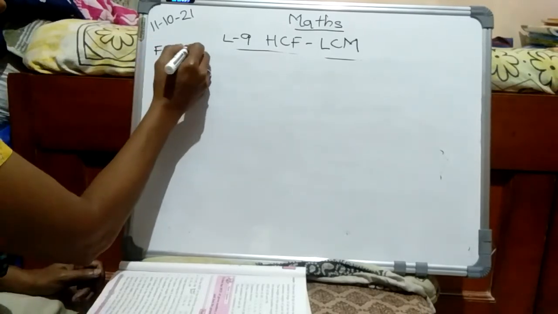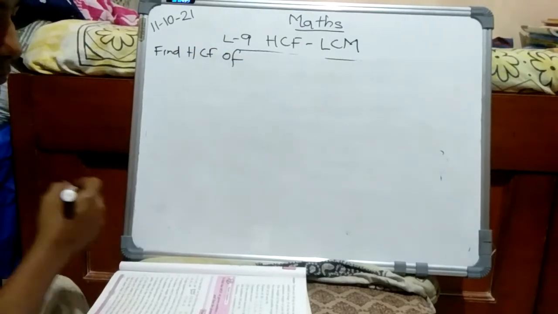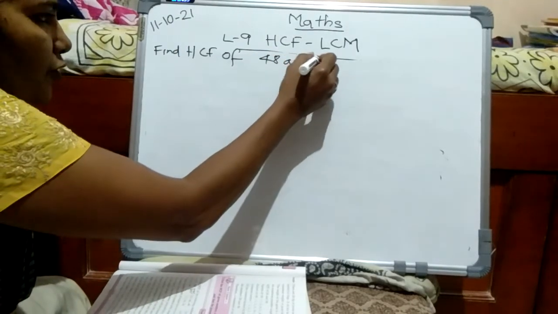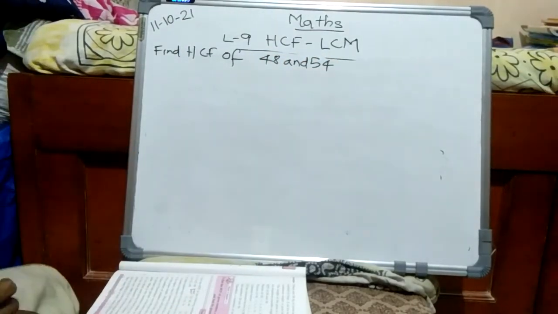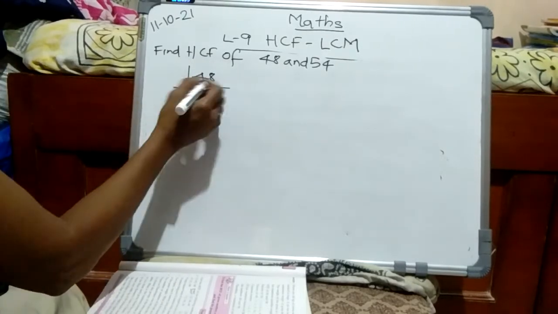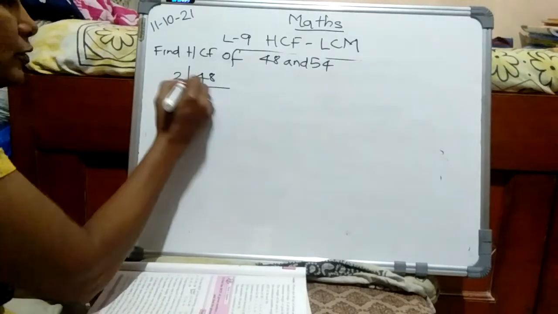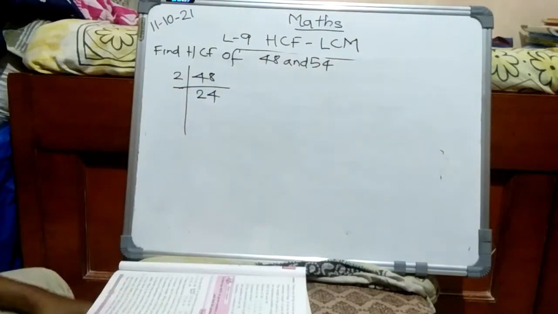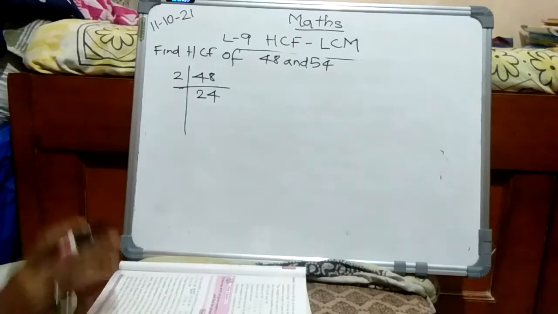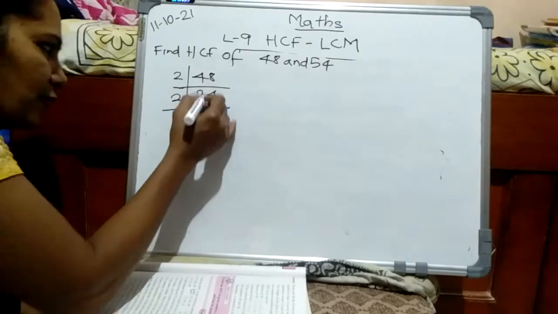Find HCF of 48 and 54. Okay, we'll take first number 48. Now 8 is there, we know that it is divisible by 2. 2 2s are 4, 2 4s are 8. Again you will see the numbers we are using for finding the factors are all prime. That is why it is known as prime factorization.